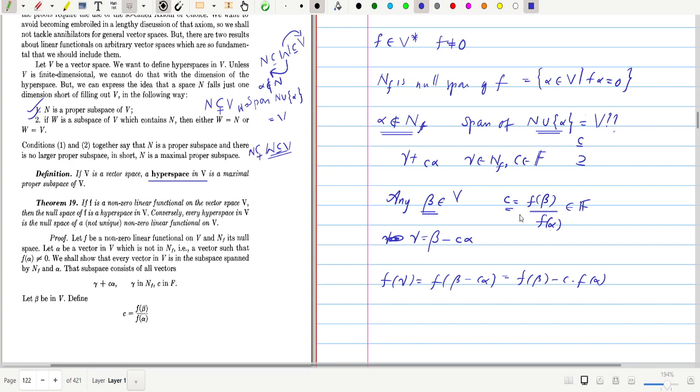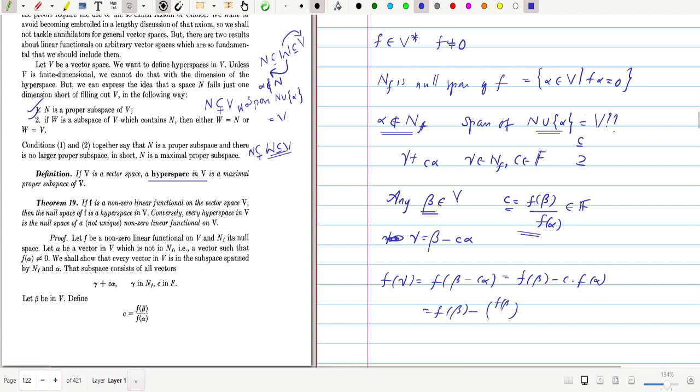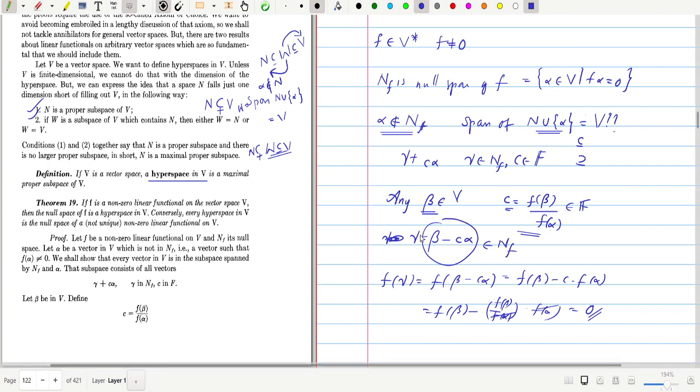But C is chosen in such a way that C is equal to f of beta by f of alpha. So f of beta minus C times f of alpha is nothing but f of beta minus f of beta by f of alpha times f of alpha. Since f of alpha is non-zero, you can cancel this, then this will be 0. So this shows that this element is an element of N. I put it as gamma.